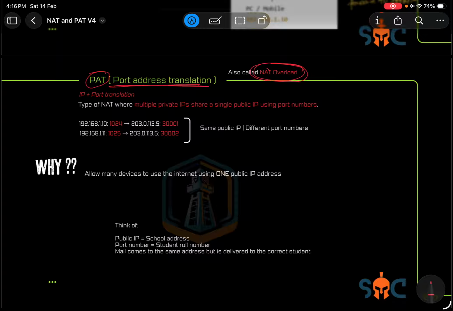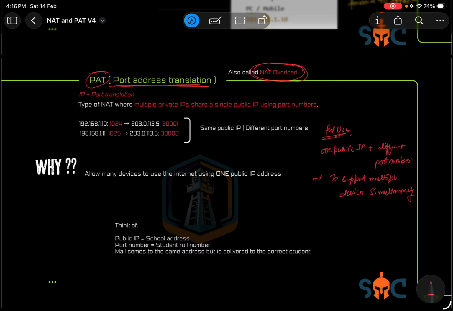So what it does is, instead of using multiple public IPs, PAT uses one public IP with different port numbers. Why? To support multiple devices simultaneously.